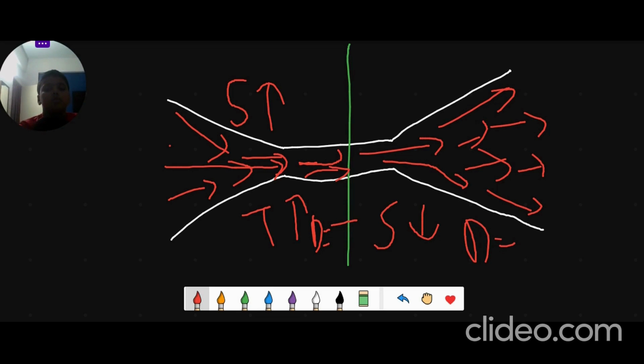Another example is, just blow air through your mouth, put your hand forward and blow air. What would you notice? The speed increases, and the temperature increases when there is low speed. I made a mistake, sorry. The temperature actually decreases in this duct and the temperature increases here.